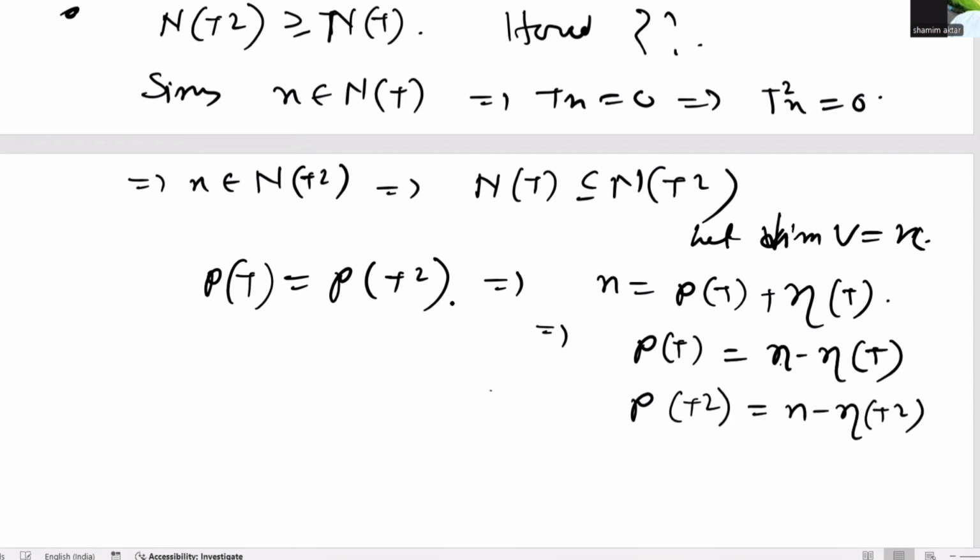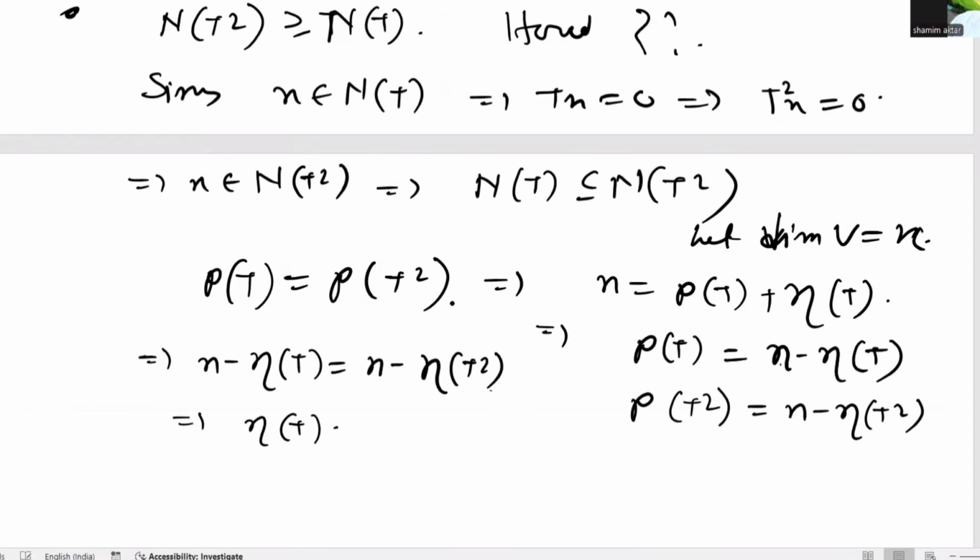So nullity of T equals nullity of T square.